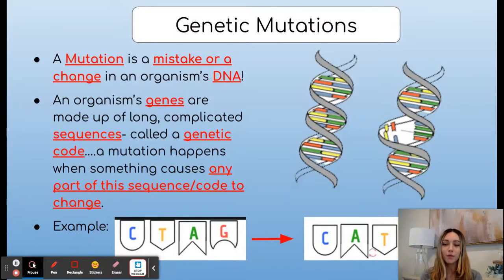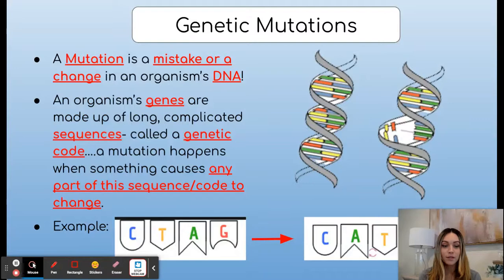So we know that organisms' genes, which are the small sections of our DNA, are made up of these long sequences or codes. What happens in a mutation is that something causes a change to any given part of this code. So for example, we can see here that along this stretch of whatever organism's DNA that we're looking at, it had a code of CTAG.